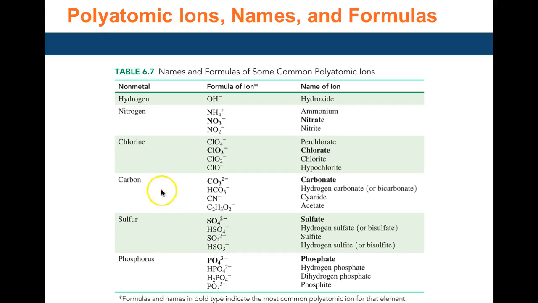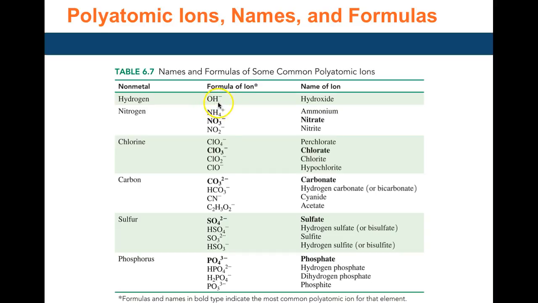So here is a listing of all the polyatomic ions. Now this table 6.7 will be given to you during an exam, but it's really good to get as familiar as you can to know the names and the formulas and the charges of these polyatomic ions. So hydroxide, this is found in all these bases, the compounds that are considered to be alkaline or bases, all right?